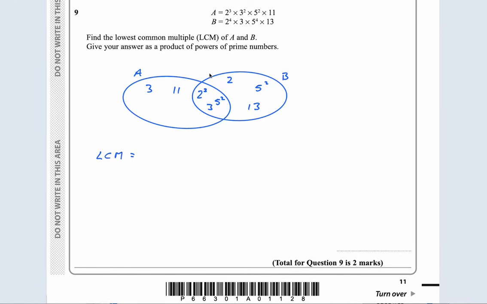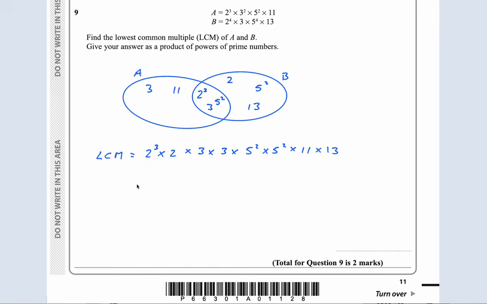all of these multiplied together, which is, I'll start with the 2s, 2 cubed times 2, then 3 times 3, then the 5 squared times 5 squared, and finally times 11 times 13.